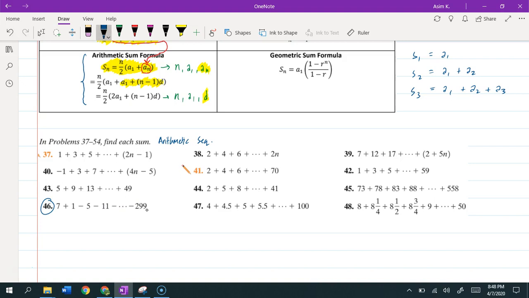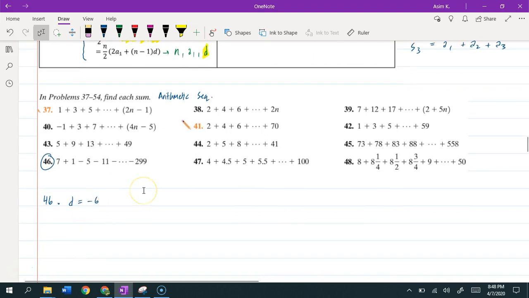So in number 46, 1 minus 7 gives you negative 6. You may verify that by saying, what's negative 5 minus 1? That's negative 6. What's negative 11 minus negative 5? That's negative 6 again. So the common difference is certainly negative 6.